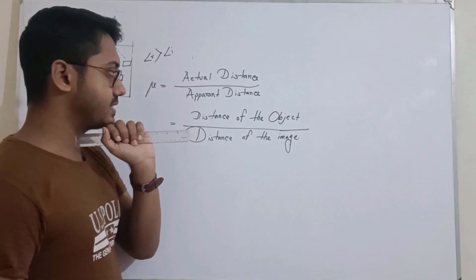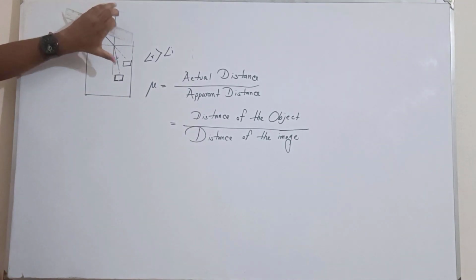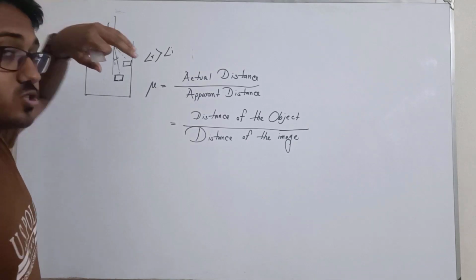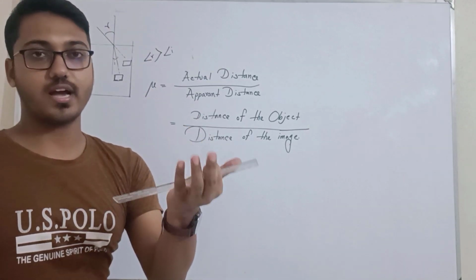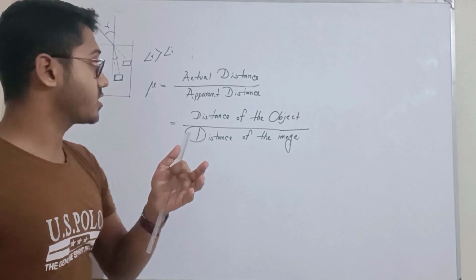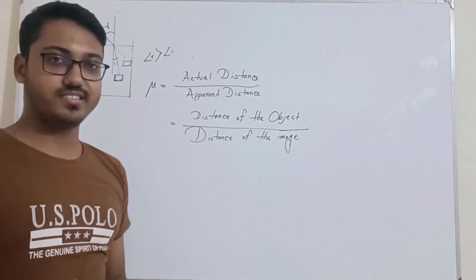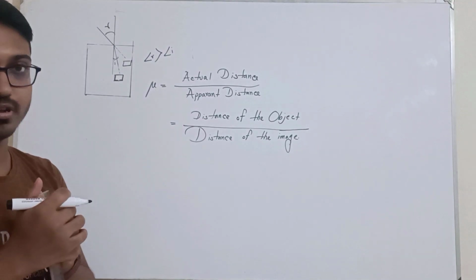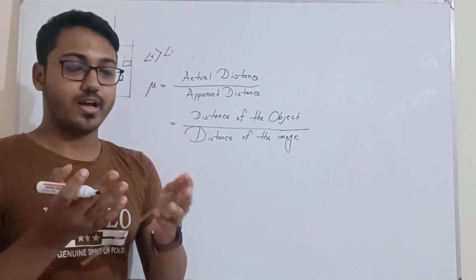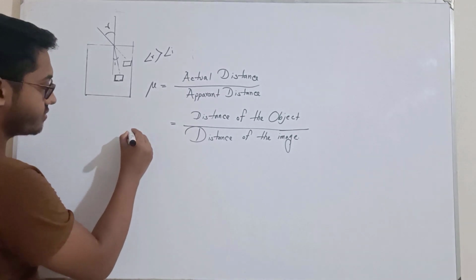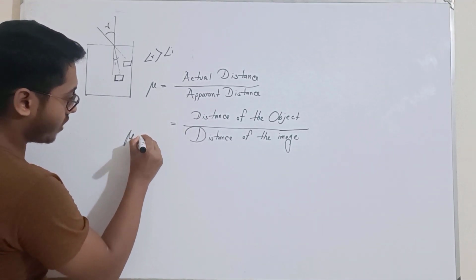See, one thing is that in this formula we considered that the person who is outside of the pond is in the air medium, and we know air's refractive index is 1.